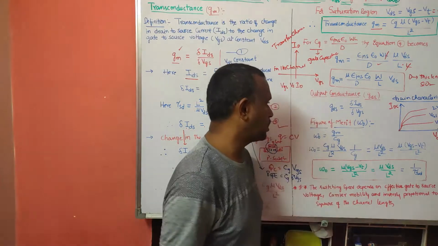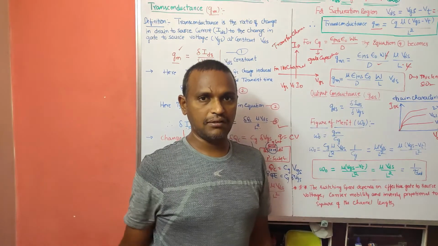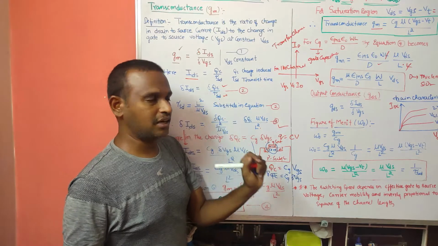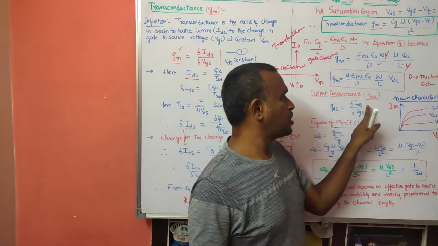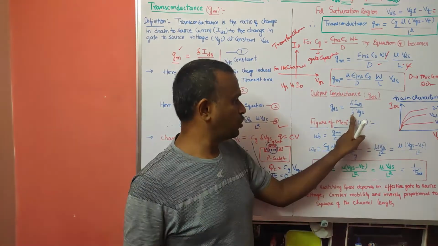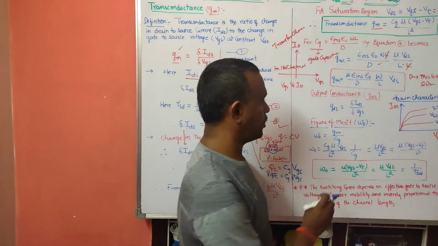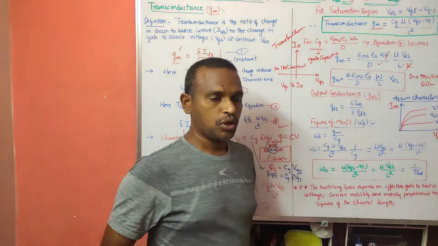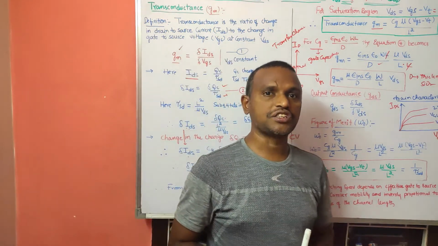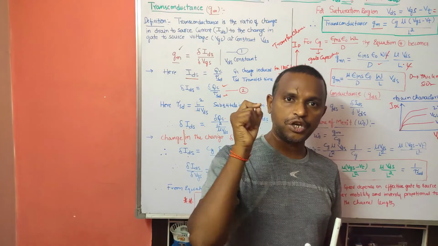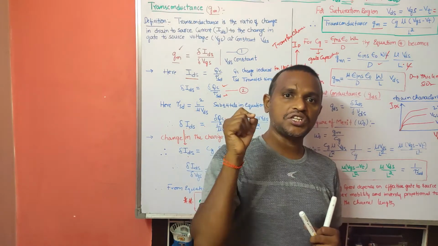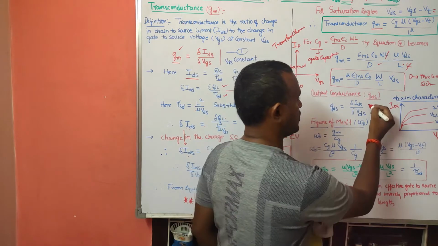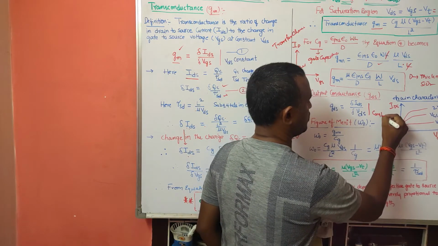So that is the difference between output conductance and transconductance. GDS is equal to the change in IDS to the change in VDS, the ratio of change in drain to source current to the change in drain to source voltage at a constant value of VGS.